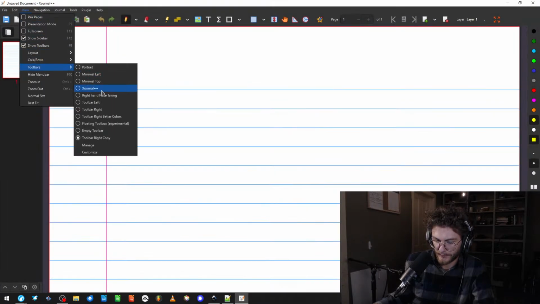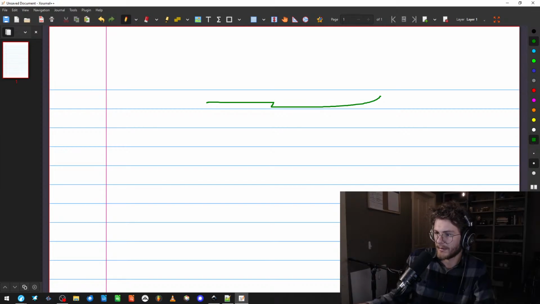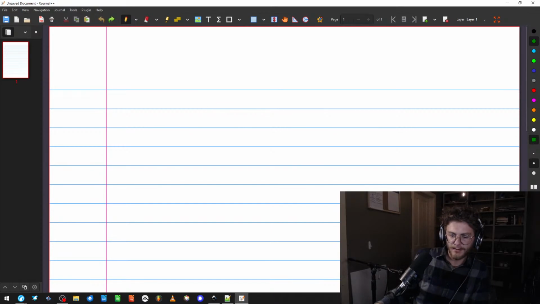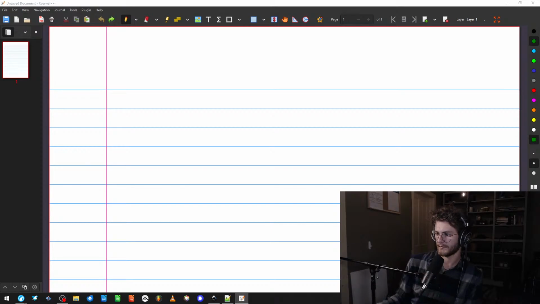View toolbars. So now we can see better colors. And we can see how that's not changed anything. So there's like a palette.gpl file that I have to... I hate everything. I hate all this. Oh, I despise this so much.